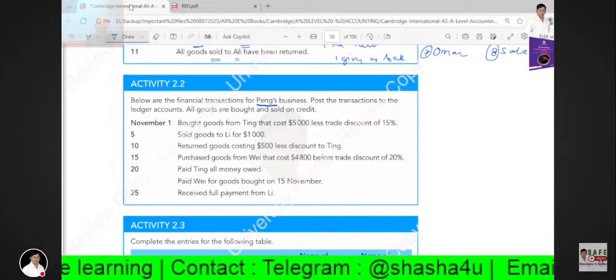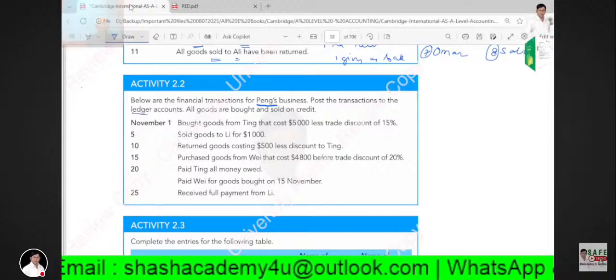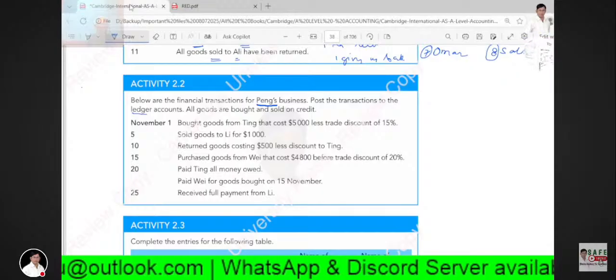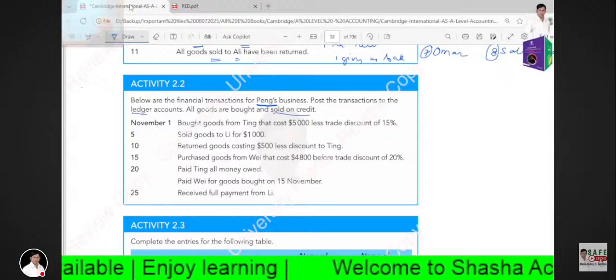Post the transactions to the ledger accounts. All goods are bought and sold on credit, so no cash payments, no bank payments.